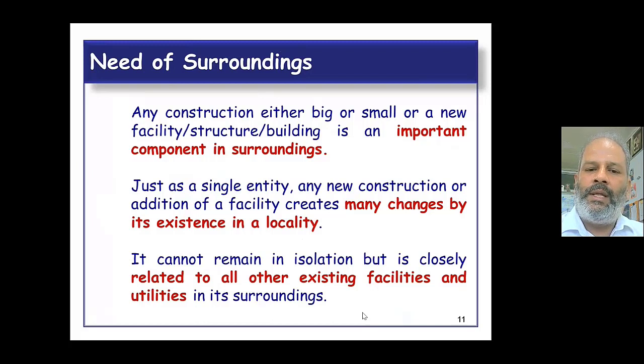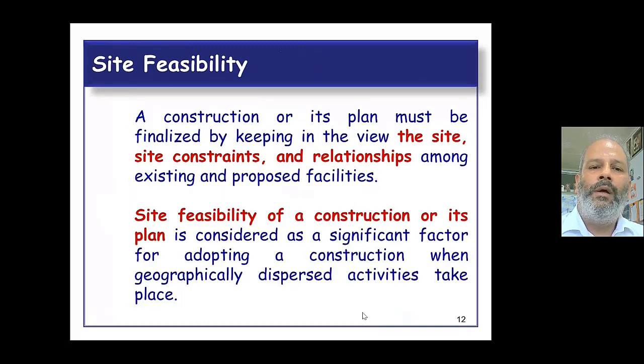Or in other words, we say that a building cannot remain in isolation, but it is closely related to its surrounding, whether during its construction, even after construction, or in the many planning steps which we do before its construction. So we need to have the knowledge of surrounding of a particular facility or building.